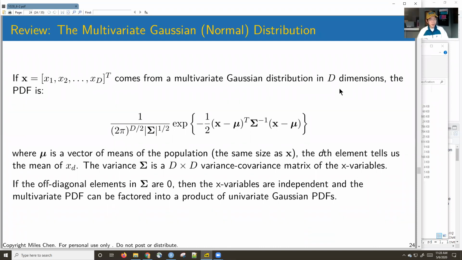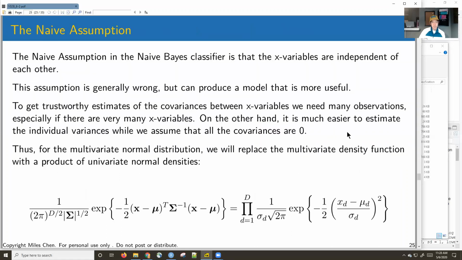If we look at the multivariate normal distribution, this is what we have, and we said that if sigma, this matrix, is diagonal, meaning the off-diagonal elements are 0, then this thing can be factored into the product of univariate normal PDFs, univariate Gaussian PDFs. And so this is what the naive assumption is.